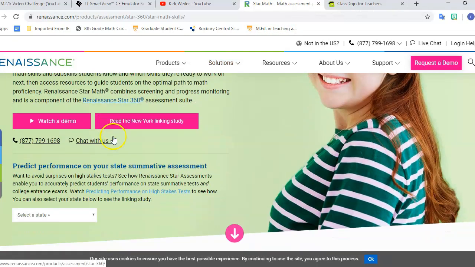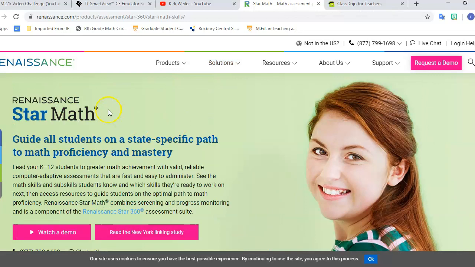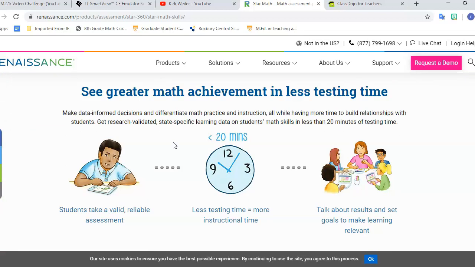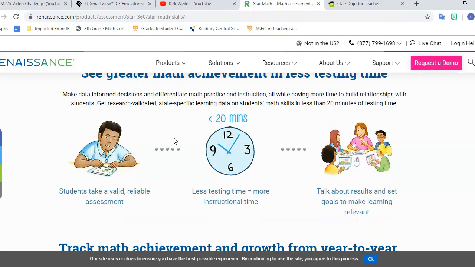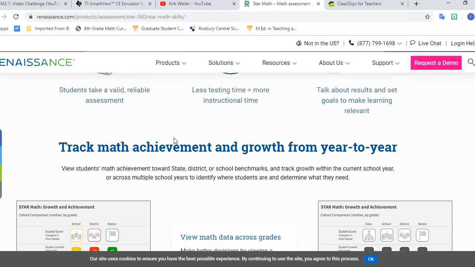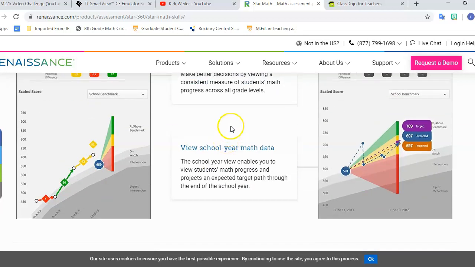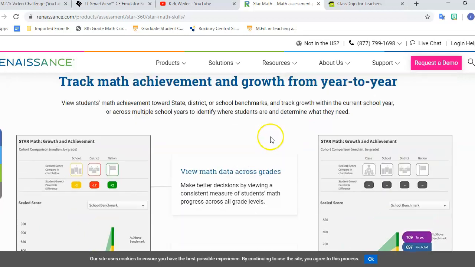Another thing that my school has us incorporating is the STAR 360 benchmark assessments. Specifically for me, I'd be using the STAR Math, which also has, I think, a program called Accelerated Math, which gives students practice questions, and it shows how students match up to not only the New York State standards, but national standards.